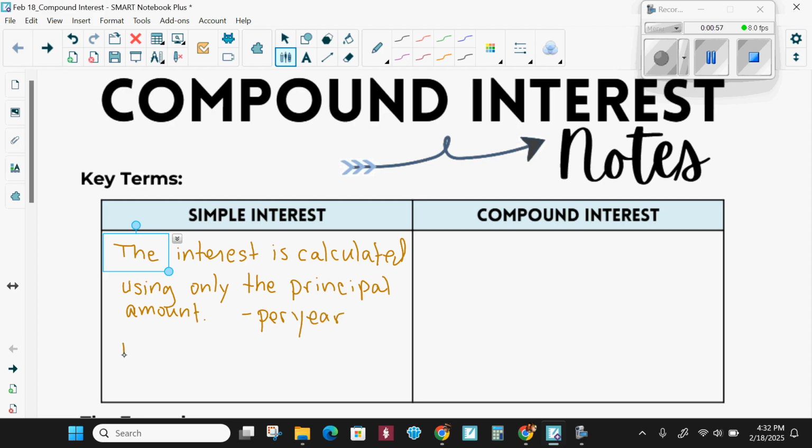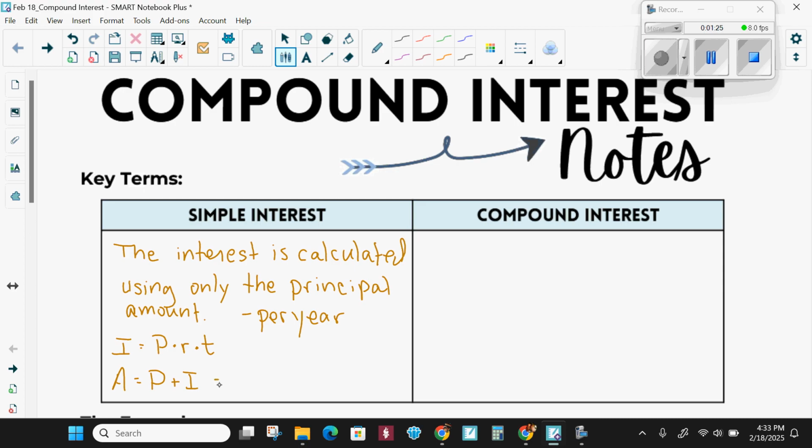And to find the interest, you would use the principal times the rate times the number of years. Now, to find the actual balance involved with this, you would need to add that interest back to the principal. So you would say the principal plus the interest would give you the total balance or the accumulated amount.